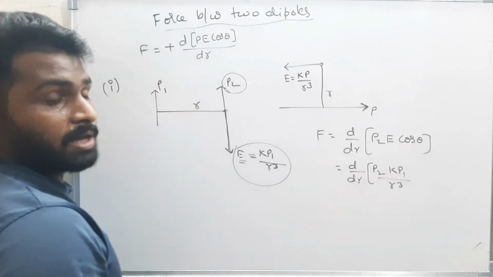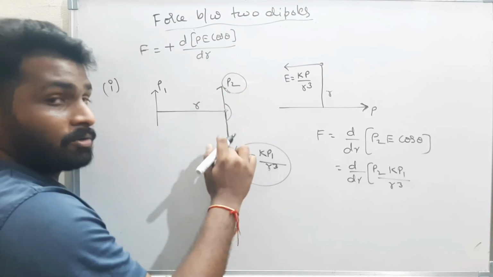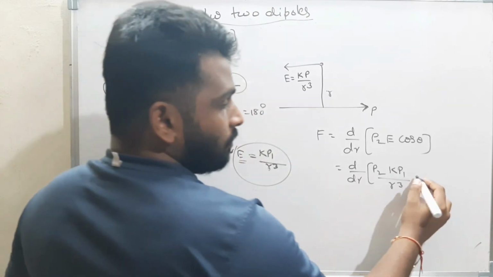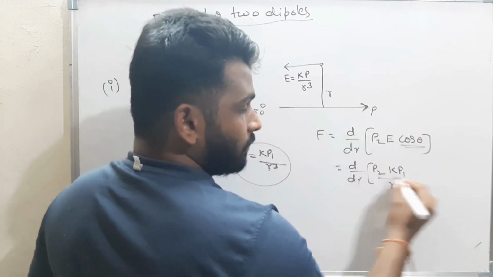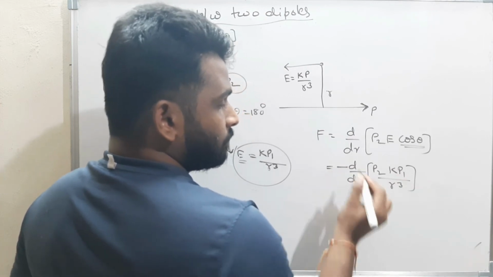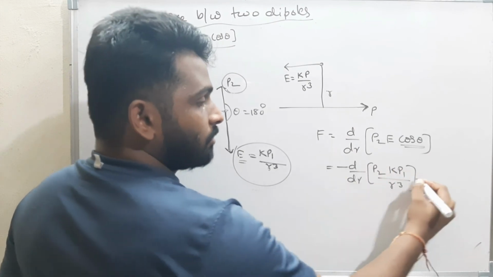What is theta, the angle between P2 and E? P2 is upwards and E is downwards. Therefore, theta is 180 degrees, and cos 180 is minus 1. Therefore, minus.